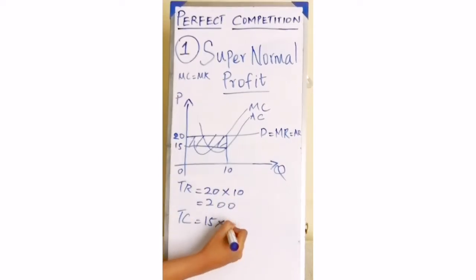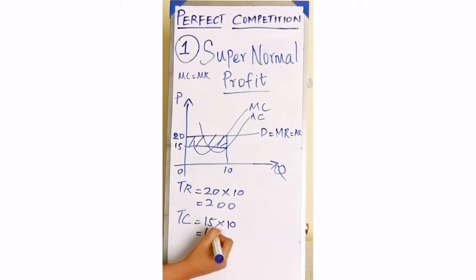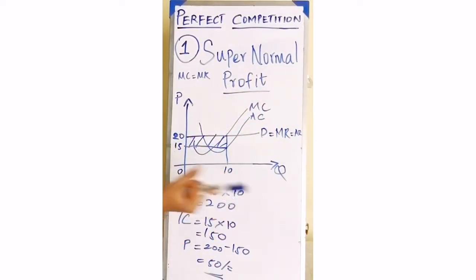So 15 into 10 is 150. So profit is equal to 200 minus 150. Here we get a profit of rupees 50. So this is how a supernormal profit situation works.